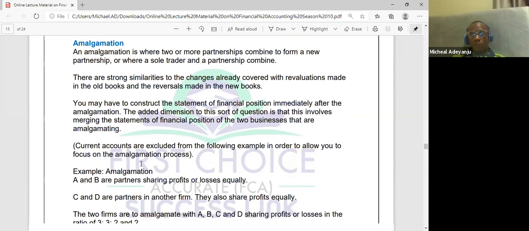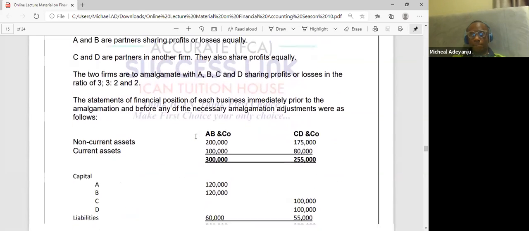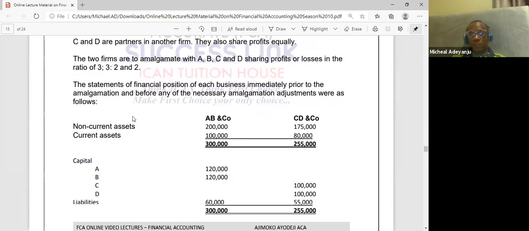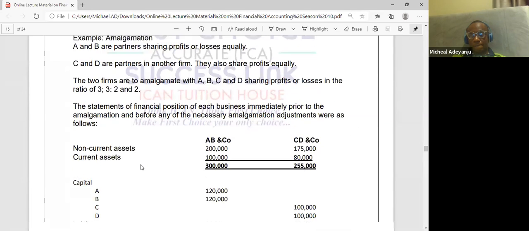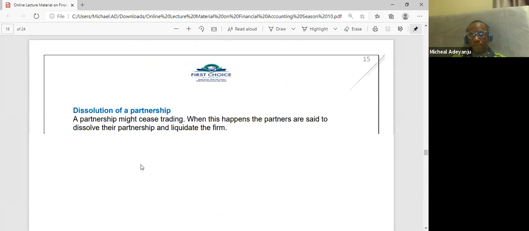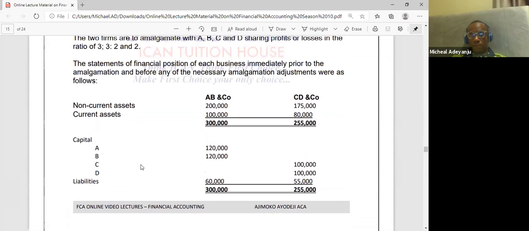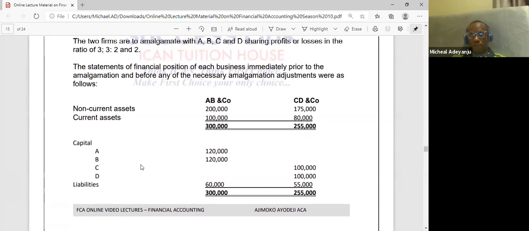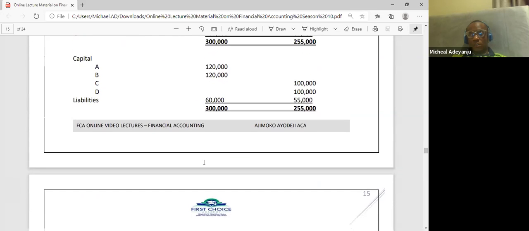So you may have to construct the statements of financial position. Let's look at this illustration.